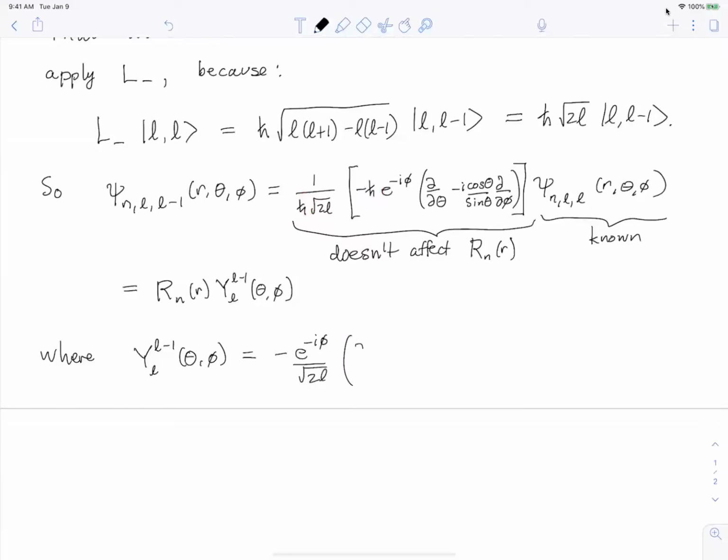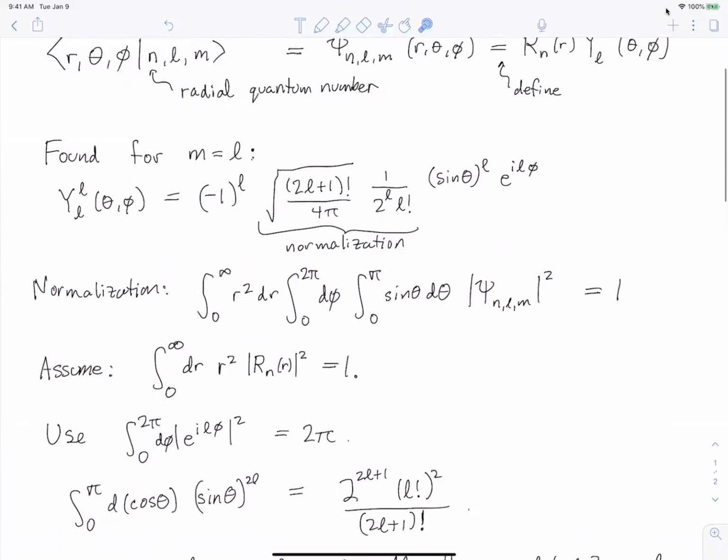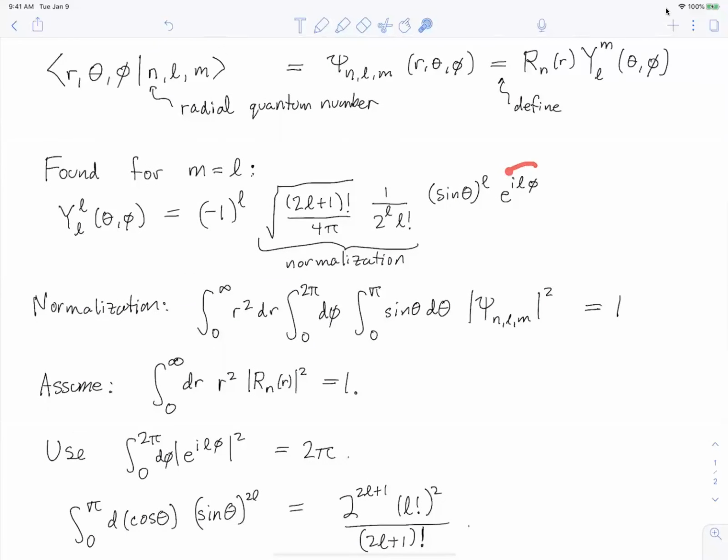Okay, and then we have to take a derivative with respect to theta plus L times cosine theta over sine theta, times the original Y L L. So one thing that happened here is we took the derivative with respect to phi, and then we noticed that that's easy to do because back up here, it's acting on e to the i L phi, and there's no other phi dependence.